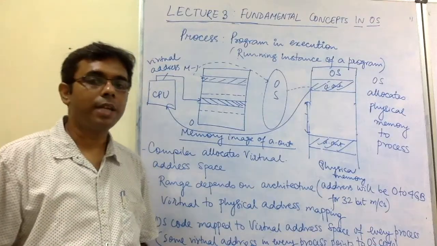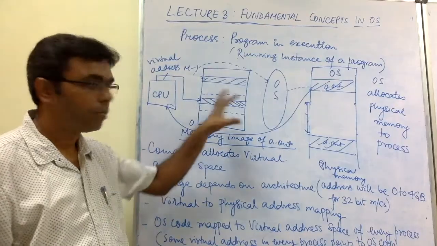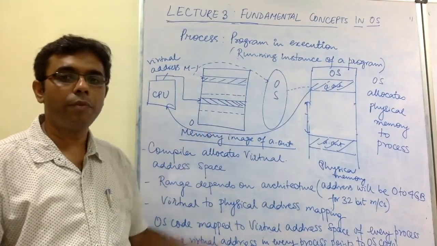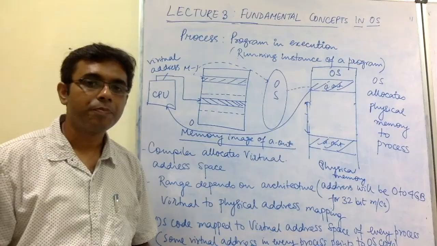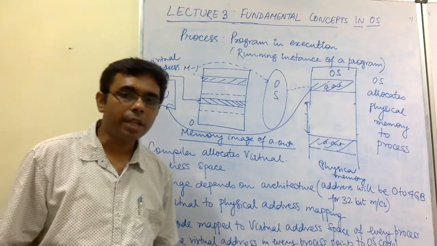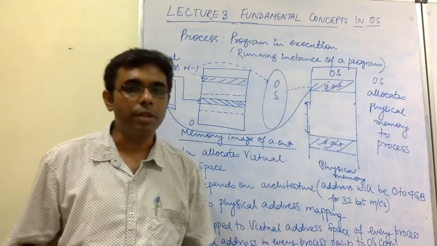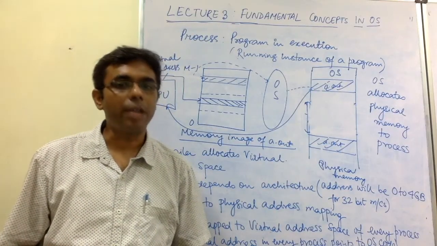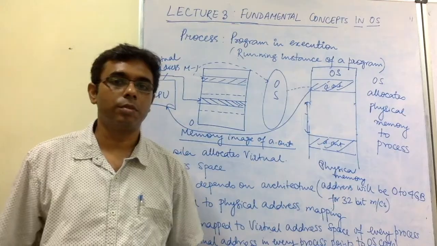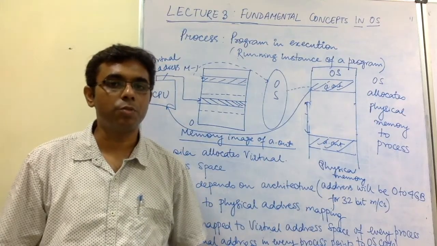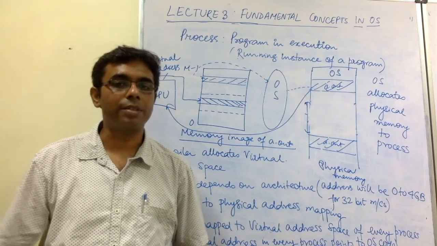Once we understand how the process is allocated two different views of the memory, there can be situations where the process may like to execute instructions which that process is not supposed to execute. Say, for example, the process wants to access some hardware.